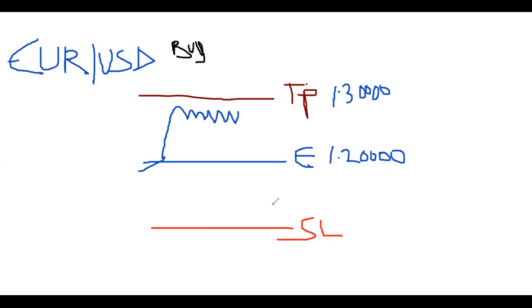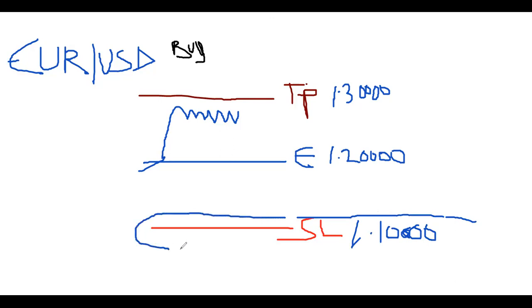So from here, let's say this stop loss is 1.11. What you do is you move your stop loss above your entry point. Class, you agree with me that if you take the stop loss above this entry point, the stop loss will be around here.